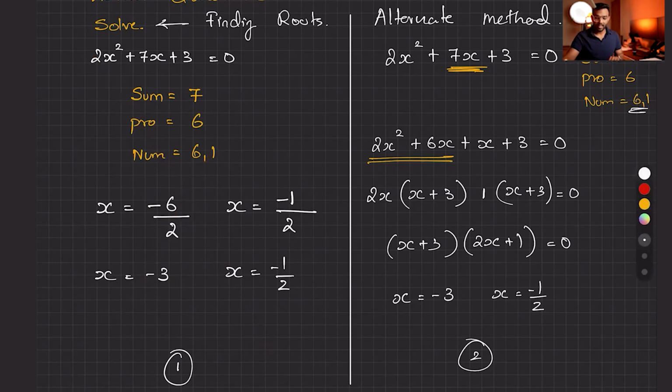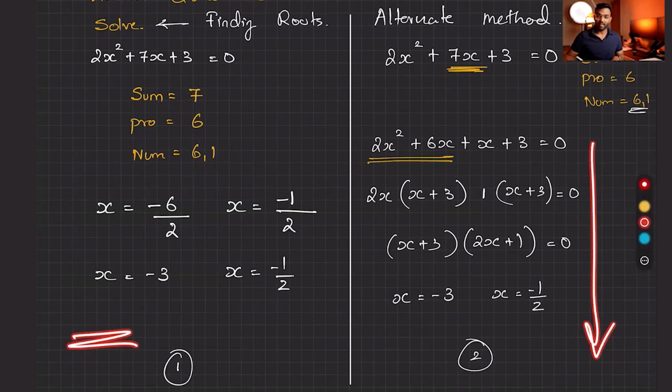I didn't know it. And for a few years, I was teaching this. And when I was referring through an engineering book, I found this method and then I switched. Okay? Yeah. So let's do a few more examples.